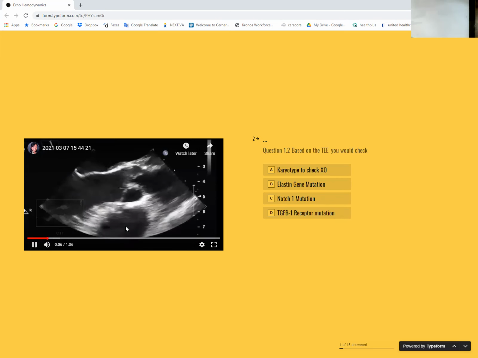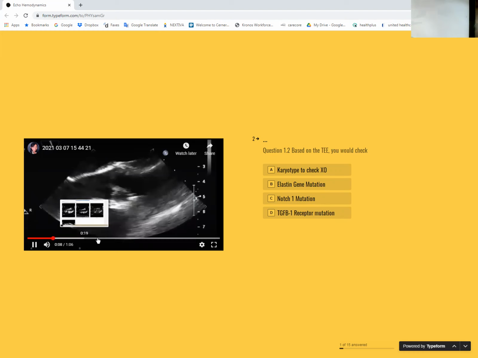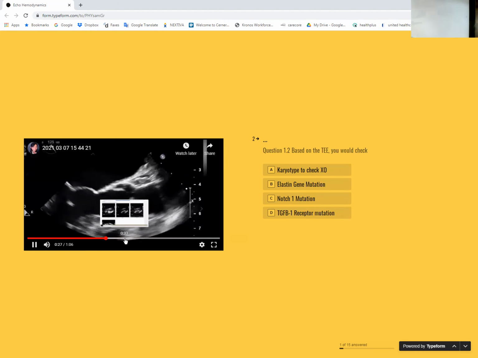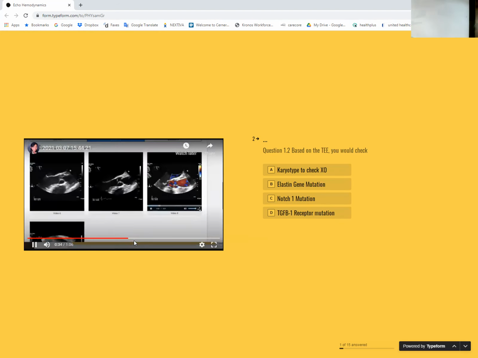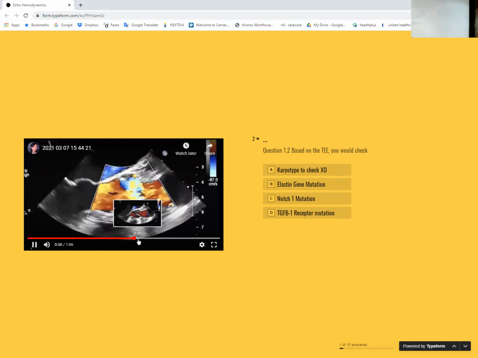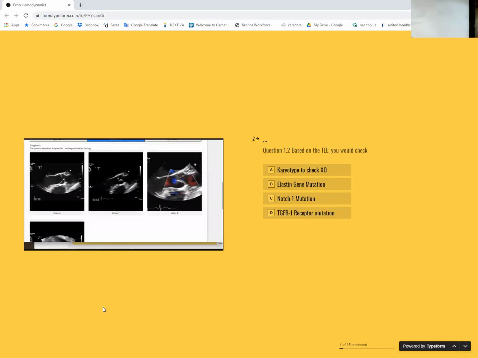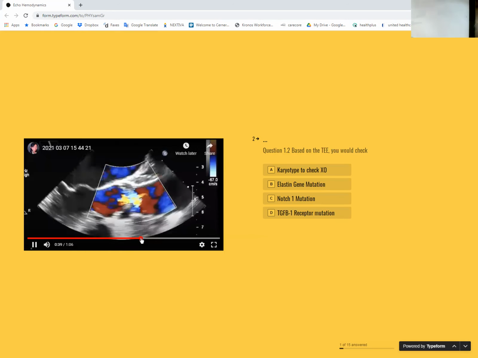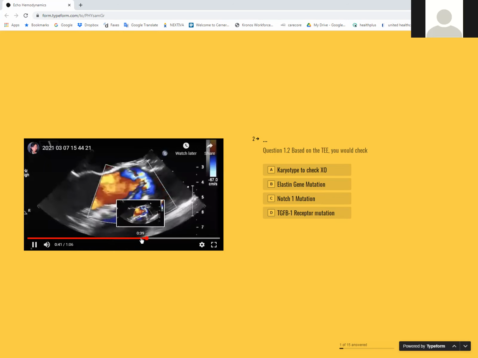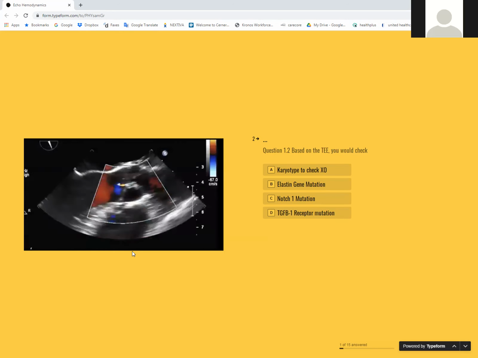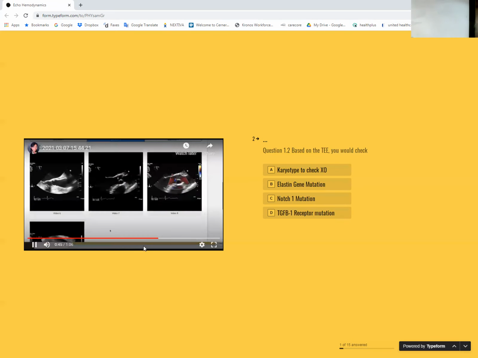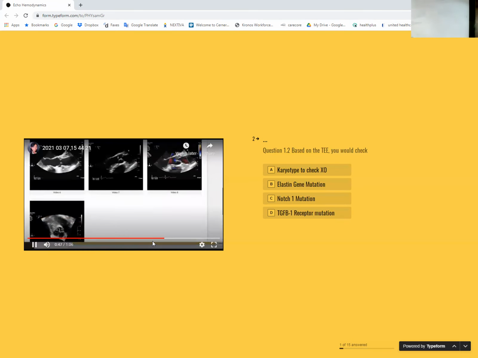This is a two-step question. Well, I guess let's just start here. Where do you guys think the turbulence is? Is it above the valve, at the valve, or below the valve? Above the valve, right? I mean, that's really your only choice because you already looked below the valve. You already looked at the valve. It's got to be above the valve.